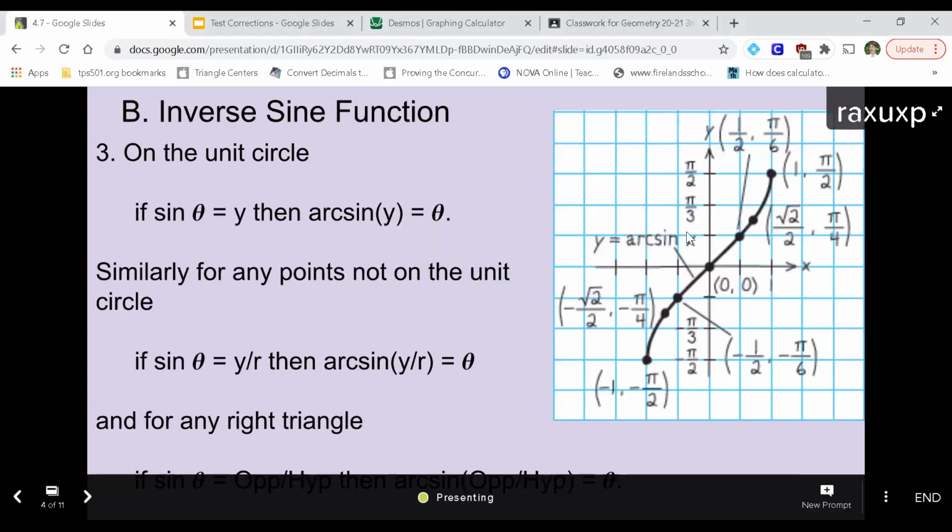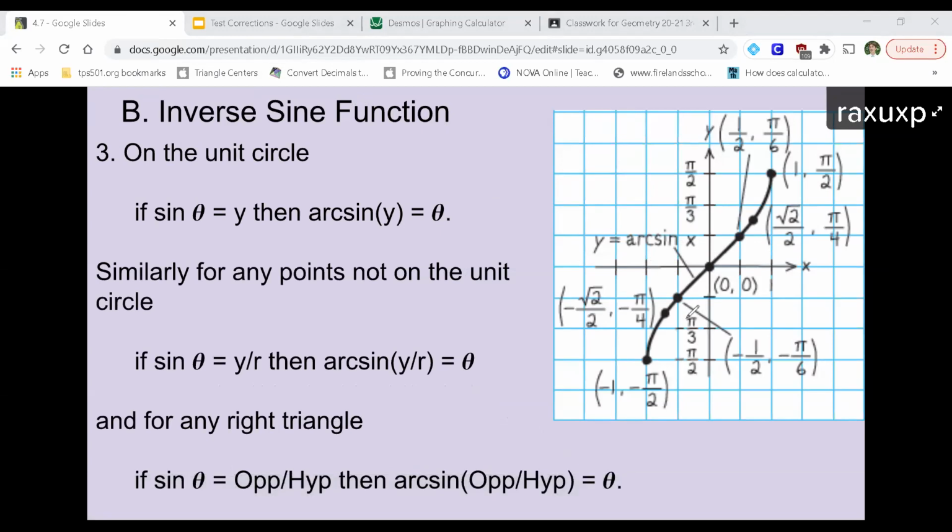So here's some more properties. If you graph arc sine, there are two ways you could do it. One is, remember that you can graph any inverse function by taking your function and reflecting it over the line y equals x. So if you think, this is what the sine function looked like.